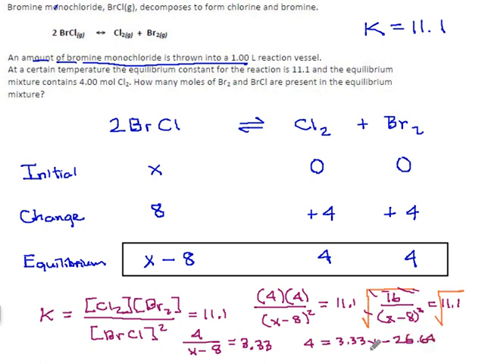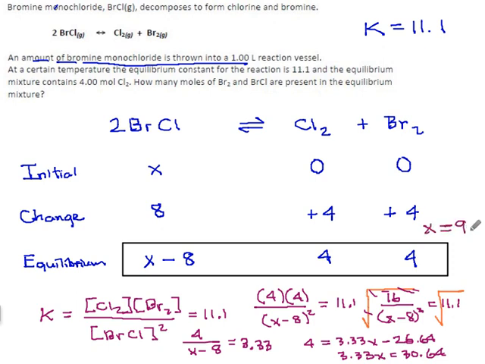To finish that, you add 26.64 to each side. You get 3.33x equals 30.64, and then you divide by 3.33. And out comes x must be 9.2, or all of our data has 3 significant digits, so I guess 9.20 would be our x value.